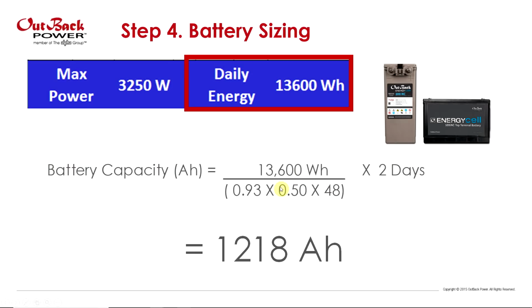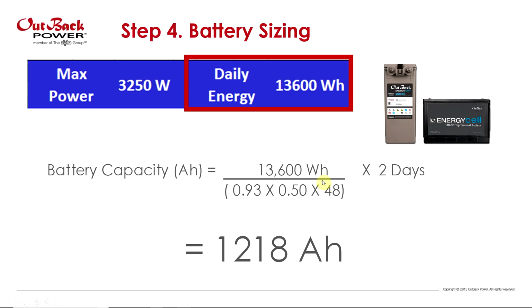I mean, they have really more than that, but then you're affecting the life of the battery. So we're going to move forward with 50% depth of discharge. Remember, typically discharging lead acid batteries more than 80% is not recommended. We also need to consider our days of autonomy. 2 days means twice the amount of batteries.